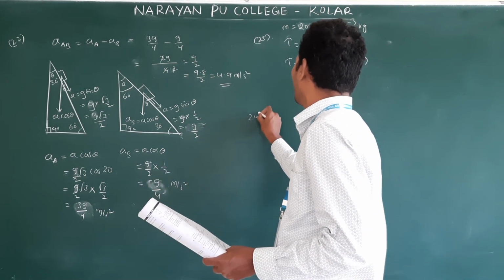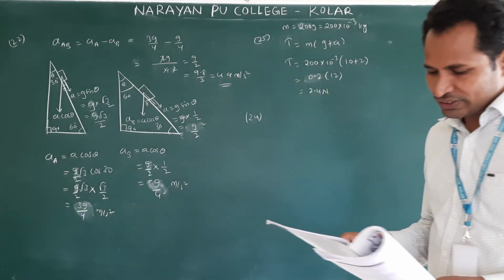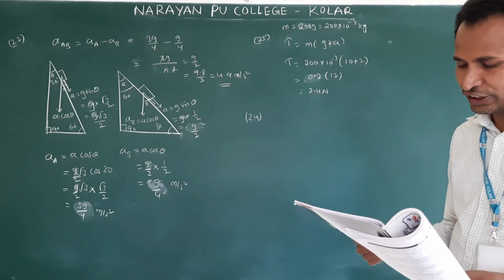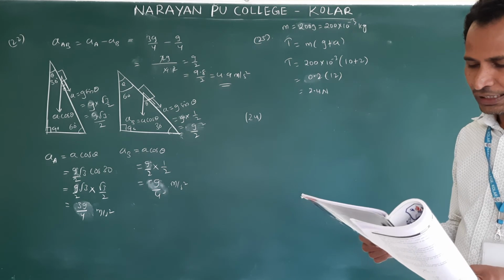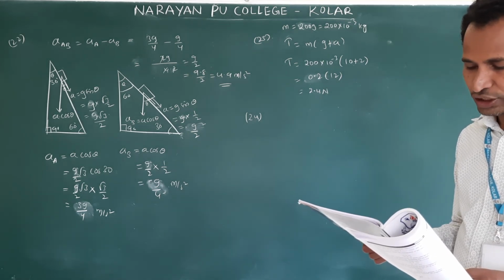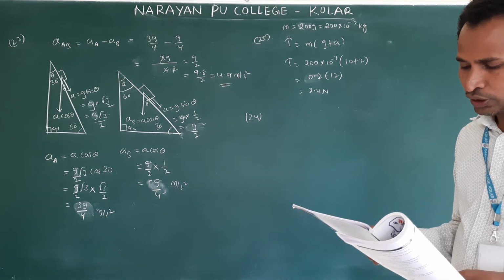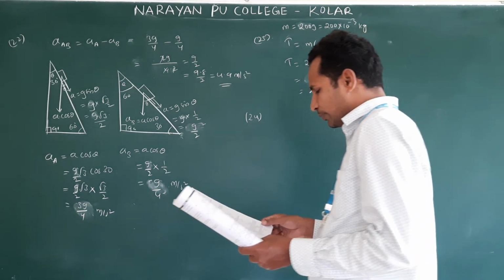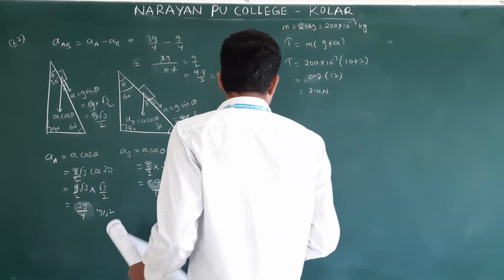Next, 24. A person of mass 60 kg is inside the lift of mass 950 kg and presses the button on the control panel. The lift starts moving upwards with an acceleration 1 meter per second square. G is 10 meter per second square. Find the tension in the cable.